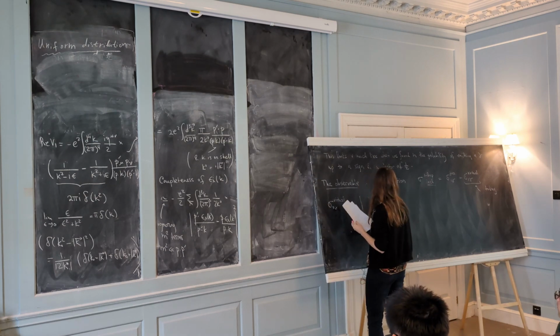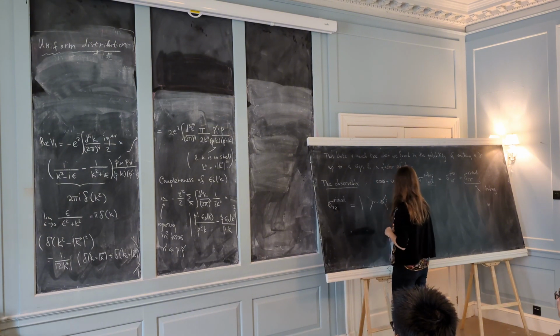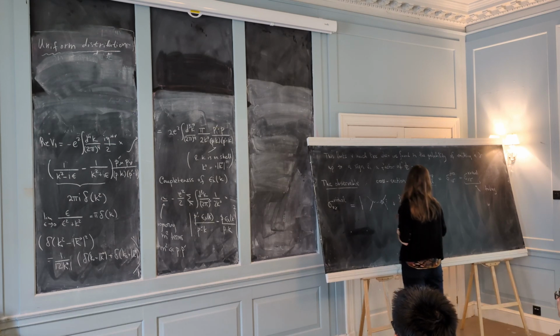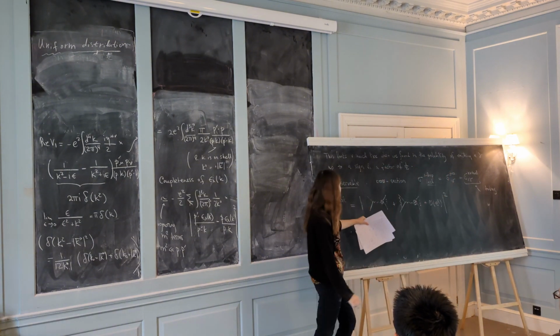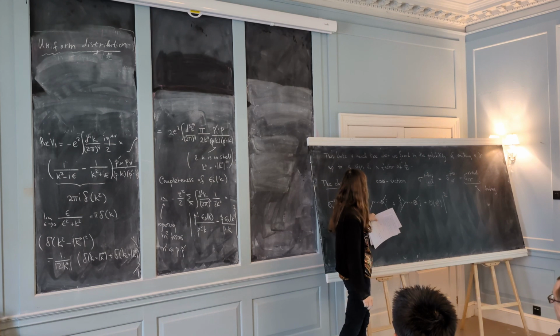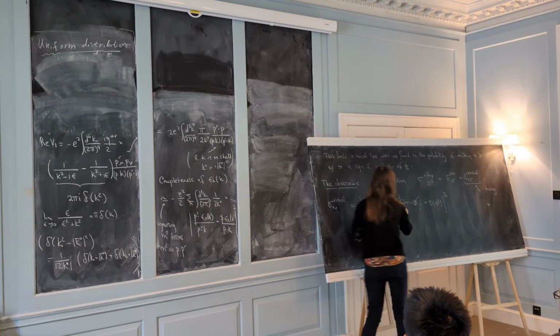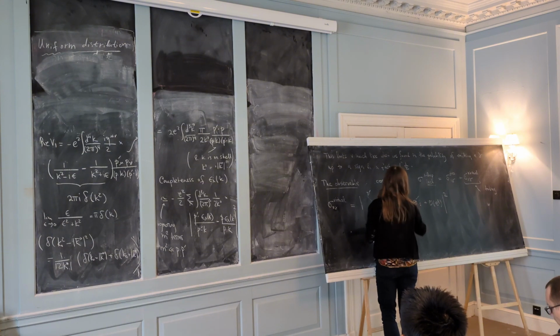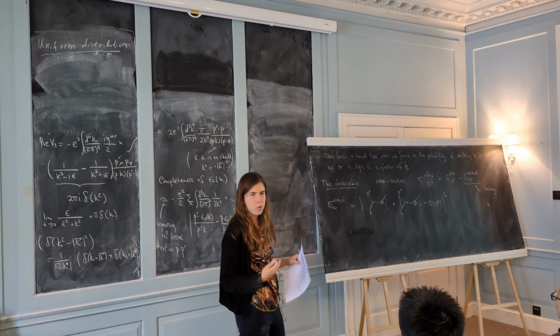Let me draw pictures. Plus. This is how I'm loop expanding my endpoint amplitude involving this p prime. And then I have to take the absolute value of that whole sum squared.